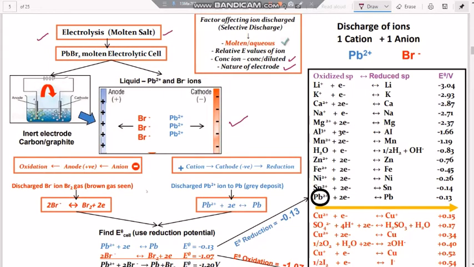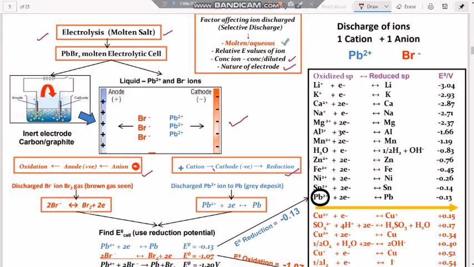At the anode, oxidation takes place, and at the cathode, reduction takes place. The anode is positive and attracts the anion, where oxidation takes place. The cathode attracts the cation, where reduction takes place. So the bromide ion is discharged as bromine gas.